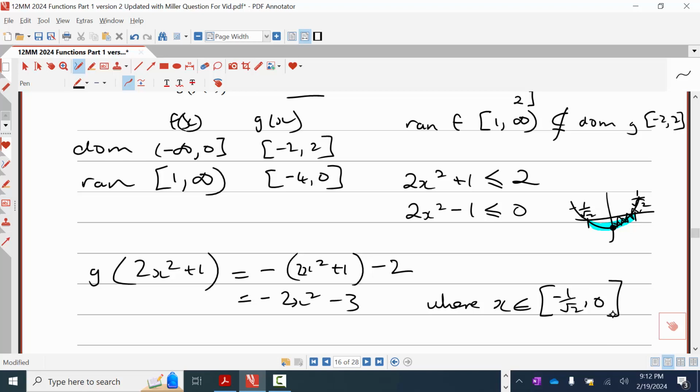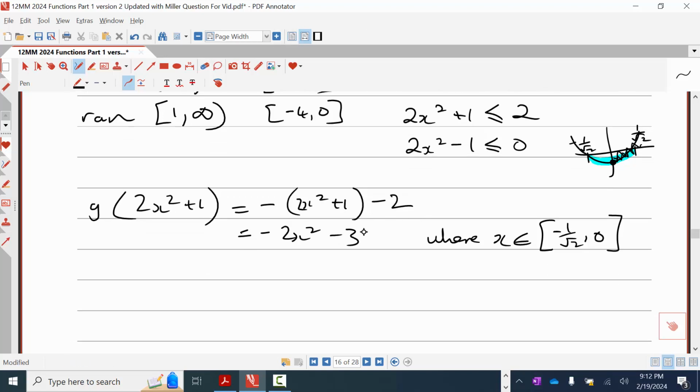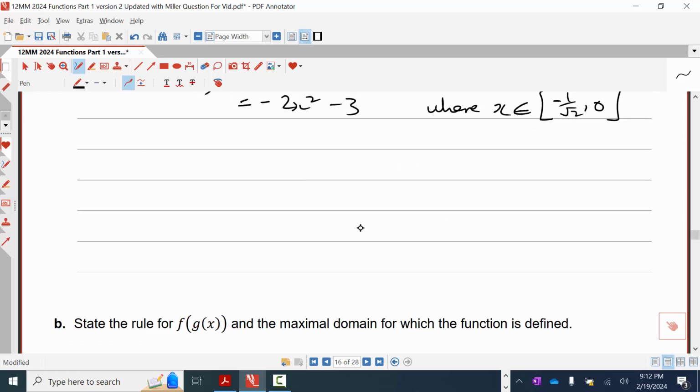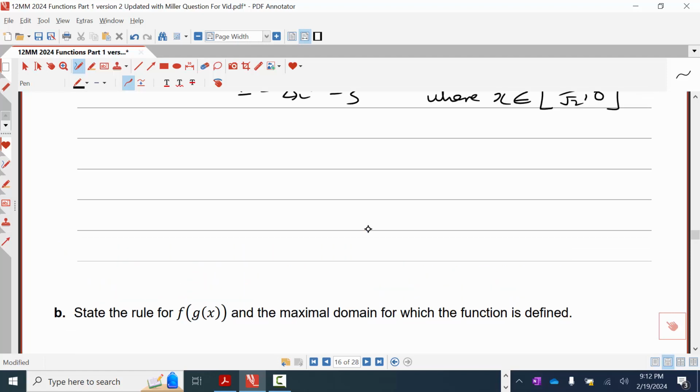All right. So as I said in class today, this is probably as hard as it gets. So see if you can have a good, careful think about that as you do this problem. State the rule for f of g of x and the maximal domain for which the function is defined.